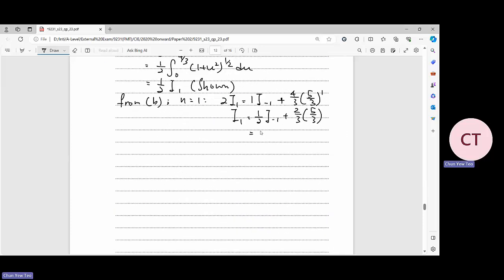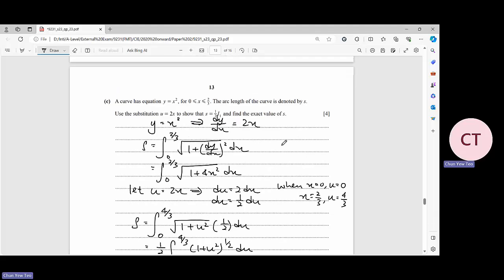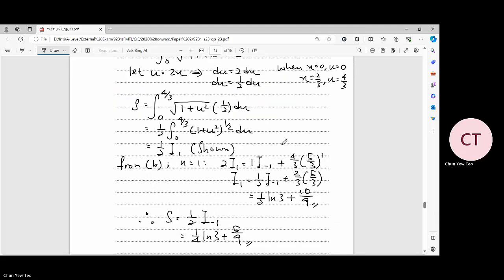So this will be half ln 3 plus 10 over 9. Therefore, s is equal to half I1, so it will be 1 over 4 ln 3 plus 5 over 9. Okay, so this will be the answer for question number 7 part C. Just like that, done.